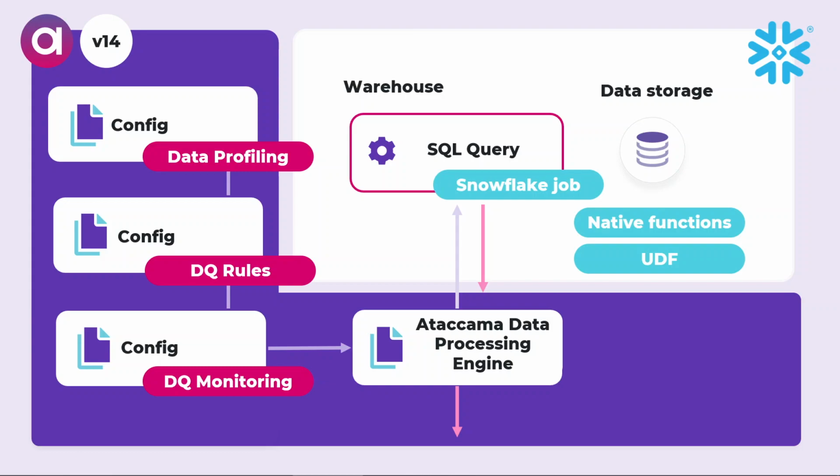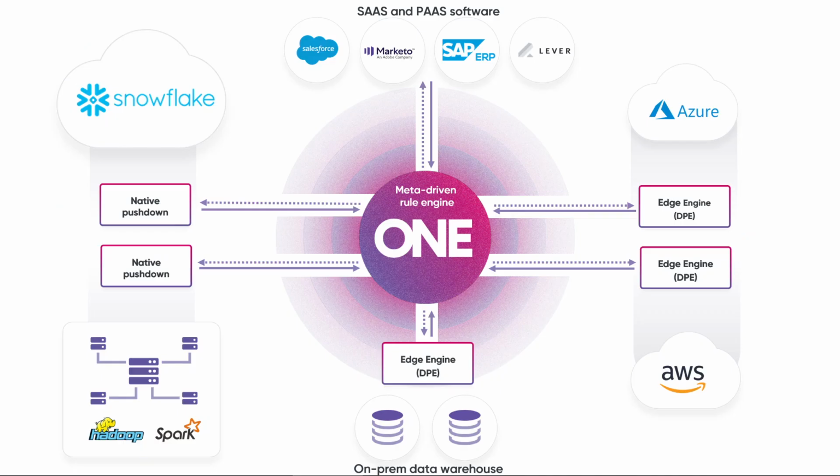All right, so this is how it works. If we look again at a bigger picture, when we have any data processing in Ataccama, the standard way that was present in the platform, even in the previous version, is that the data processing is happening on DPEs, data processing engines.